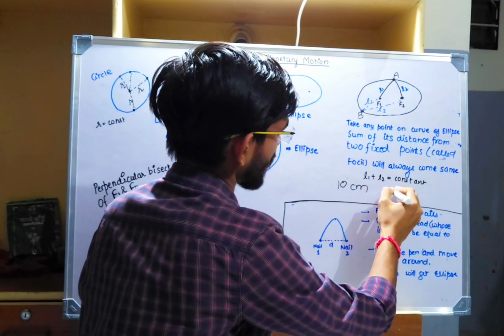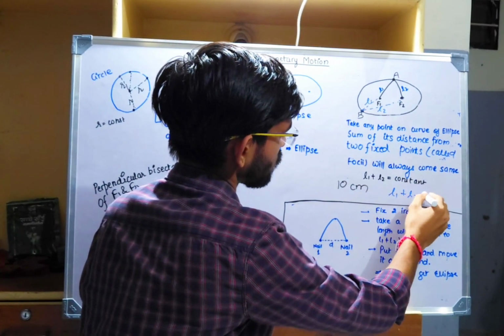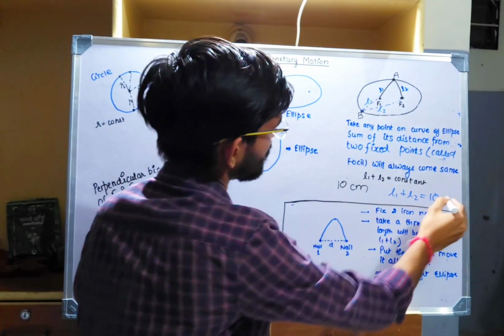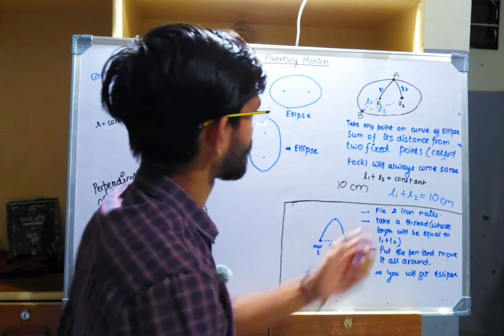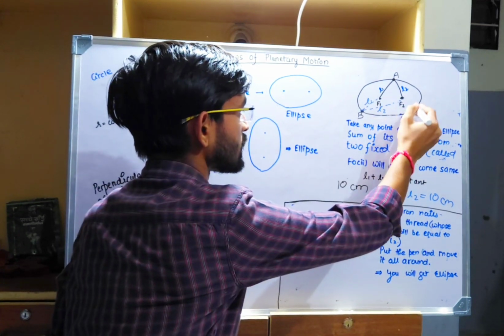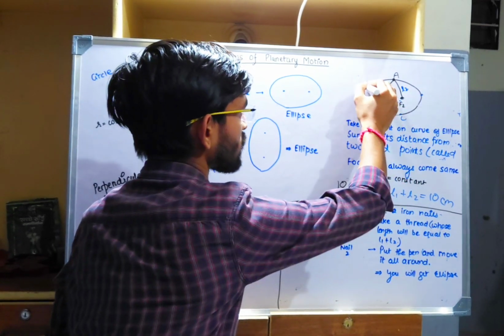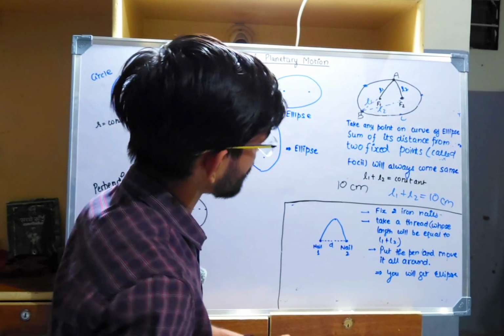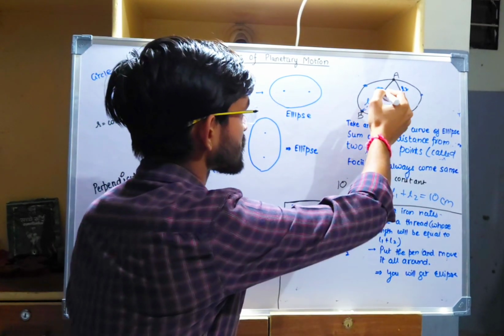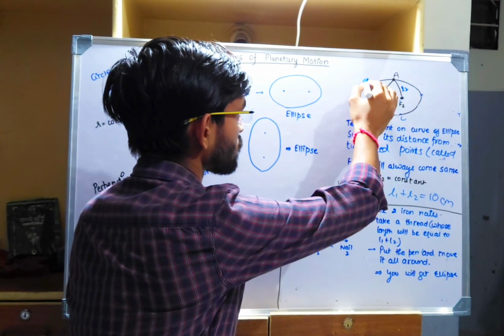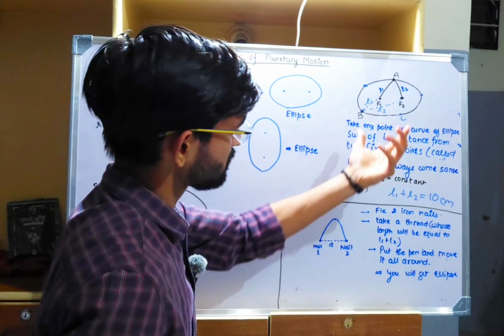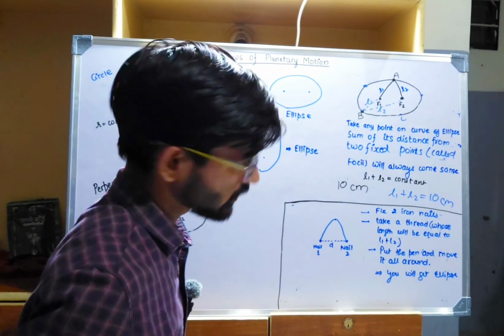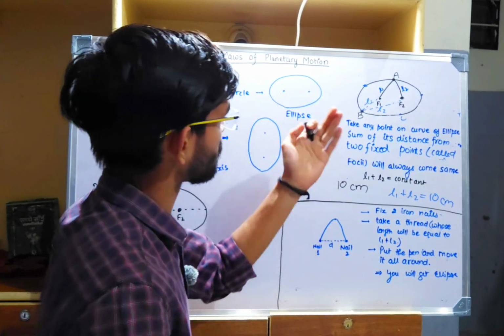In this case also, L1 plus L2 will come 10 centimeter. You can take any point. You can take point C here, any point here or here. The sum of distances from F1 and F2 of any point will come the same for an ellipse. This is how we define an ellipse.